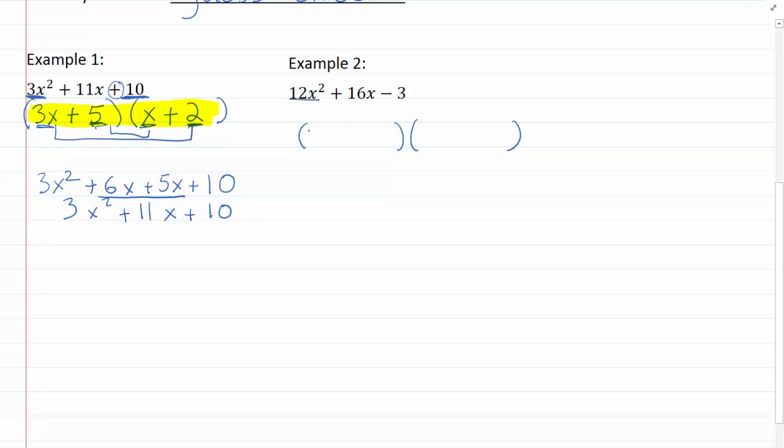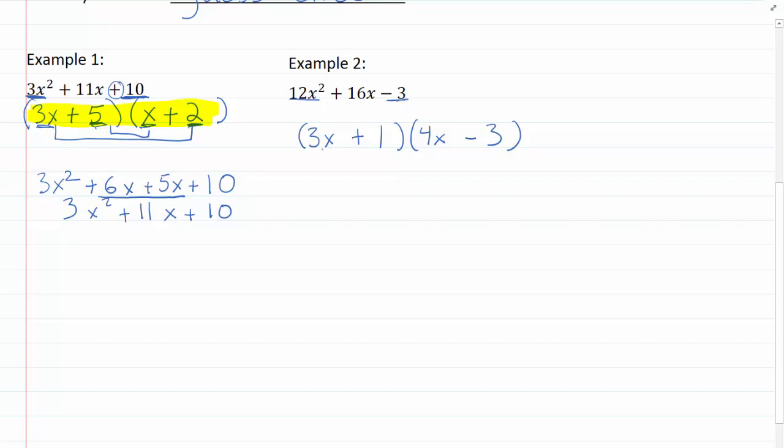Let's go ahead and say 3x and 4x. Seems reasonable because 3 times 4 could give us that 12. And then we also want something that's going to multiply to give us this negative 3. So that might be something like plus 1 and minus 3. So now we have our first multiplying to the first term and our last multiplying to the last term. But we need to check and see whether or not we're going to get this 16 in the middle.